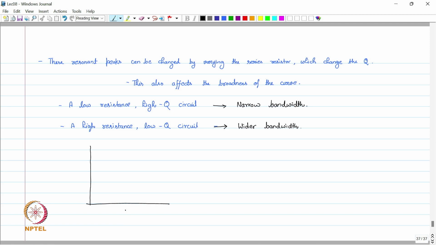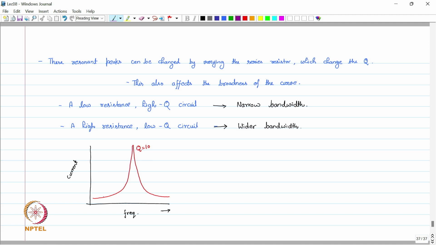On the x-axis we have frequency, and on the y-axis we have again the current, and now we can plot multiple graphs for multiple Q. For example, this is one graph where we have a high Q. We can have another graph where, let's say, Q is 10.